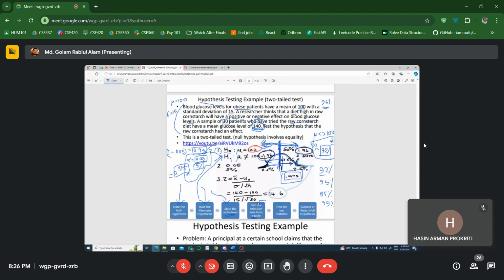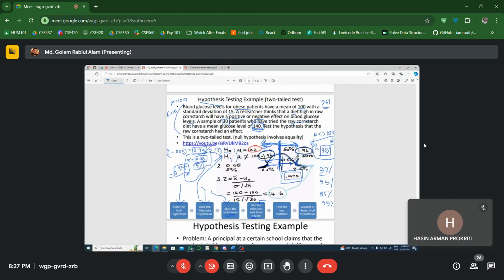So we have already identified the rejection area. That means these are the acceptance zone, and outside of this zone, beyond 1.96 and negative 1.96 standard deviations, will be our rejection zone.